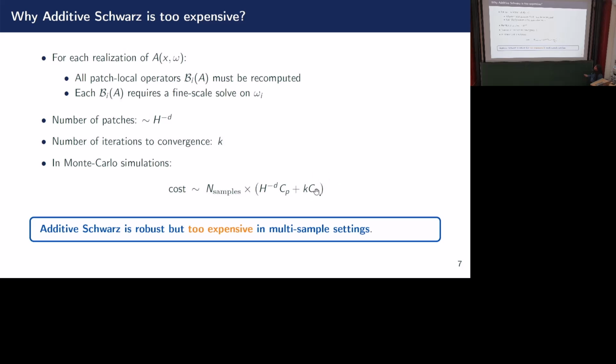The iteration count is much smaller for robust solvers. However, these other terms are big, and because of that we still end up with a huge cost. So even though we have robust preconditioners, it's not practical or good enough in multi-sample settings. Now, keeping this motivation in mind, we can introduce our offline-online framework.